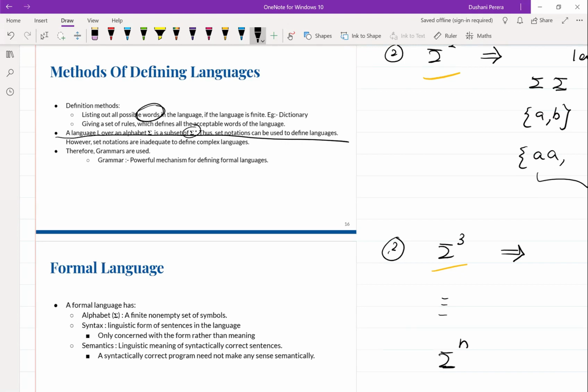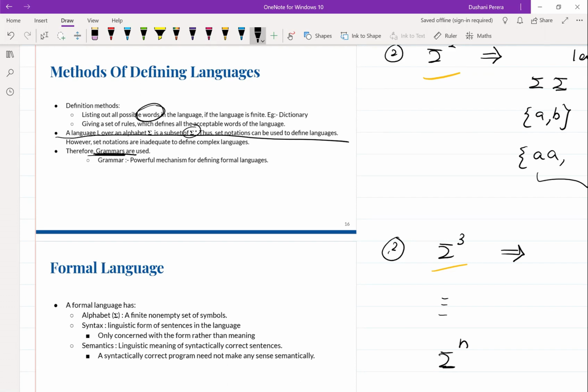So what is this something else that we use? We use something called a grammar when we want to define a complex language and whenever set notations are not adequate. A grammar is a mechanism which performs better when defining a formal language.